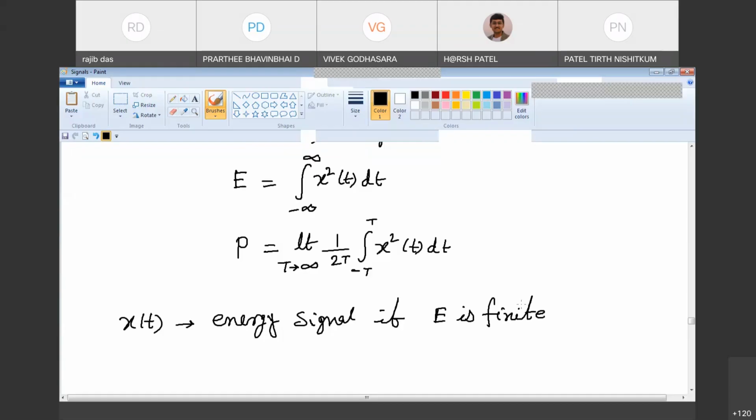A particular value is there for energy. It's not infinite. Similarly, x(t) is called a power signal if P is finite. If it is having some finite value of P, then we will call it a power signal.